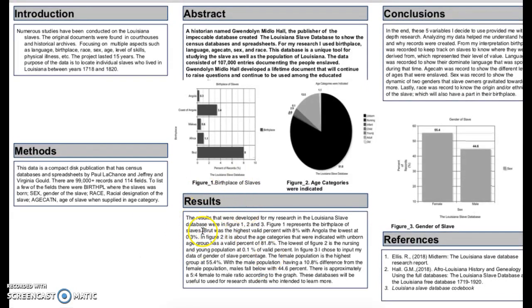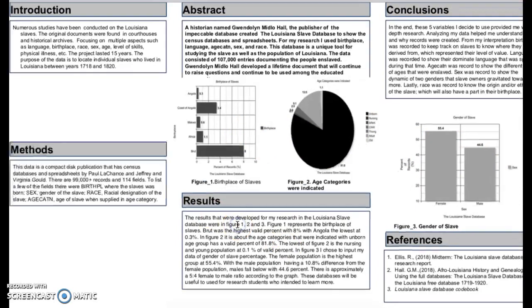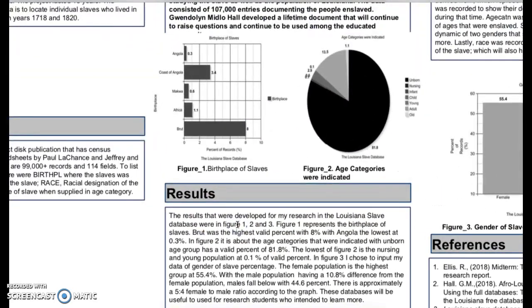So the results is basically discussing my three figures I have above here, these three little pictures, and I'm just going to zoom in a little bit. The results that were developed from my research in the Louisiana Slave Database were in Figures 1, 2, and 3. Figure 1 represents the birthplace of slaves.